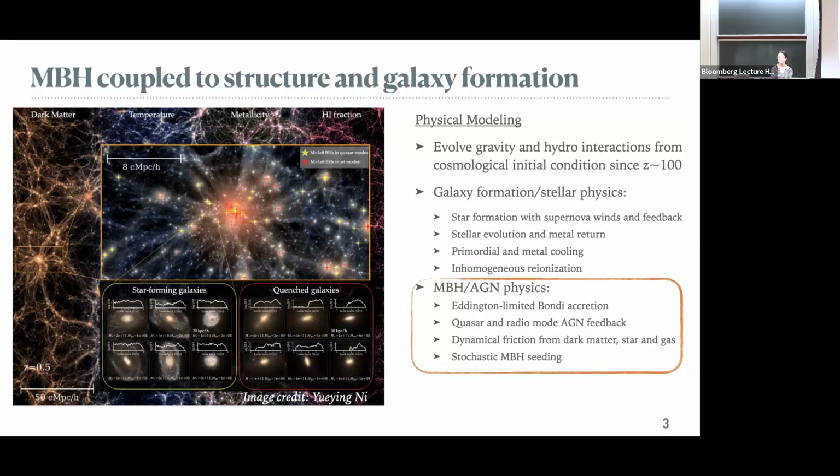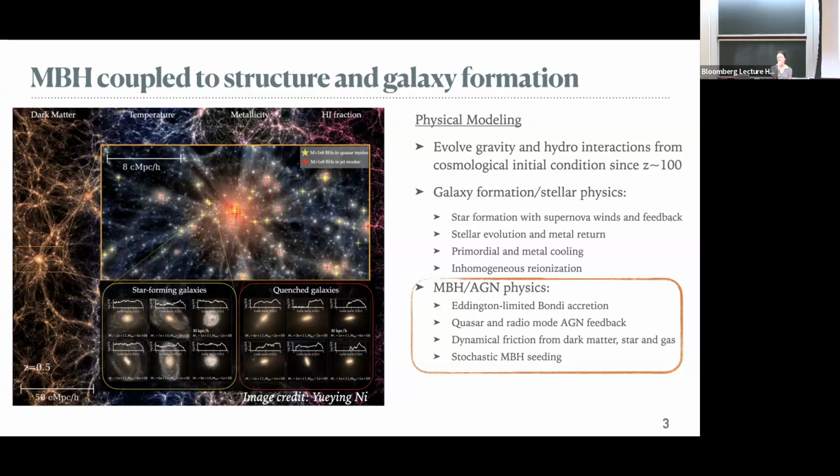Is that motivated by small scale simulations of accretion? Yes, so I think there are some. It's motivated both from the small scale simulations and more from the observations, where we see these radio mode AGN in massive galaxies.